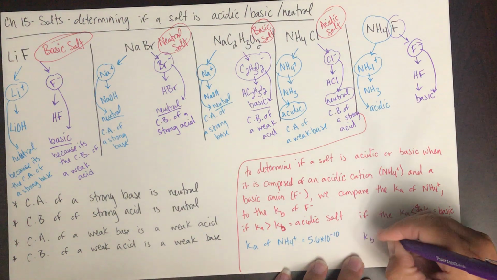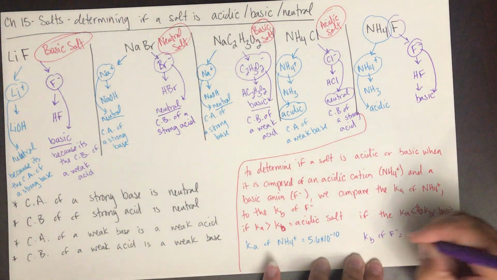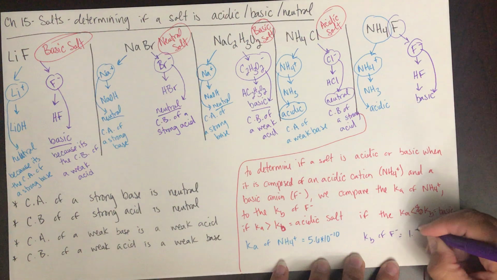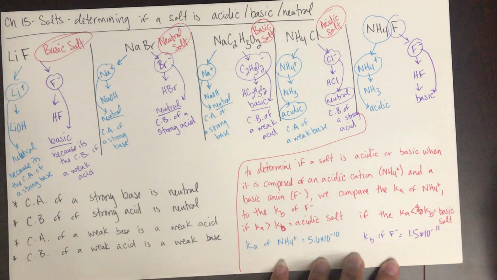The Kb of the fluoride ion is 1.5 times 10 to the negative 11th.